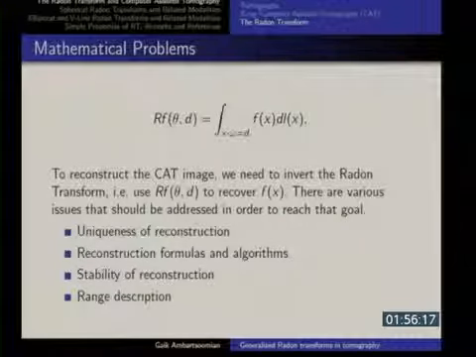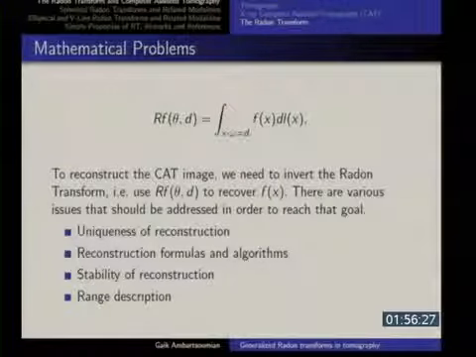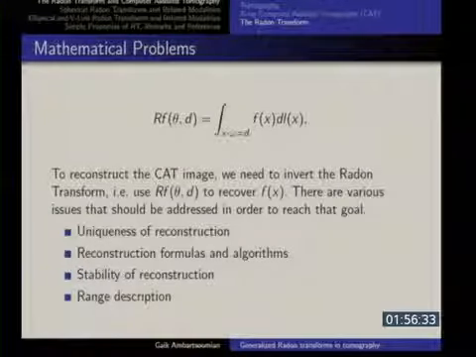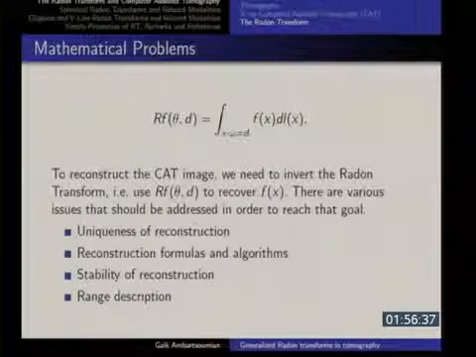Stability of reconstruction. Again, you heard this yesterday, that you may have a formula, but if it's unstable, then it's useless because you always have errors in the measurements. If a small error in the measurement is going to ruin your inversion process, then your formula is not very useful. And the range description, again, something that was talked about yesterday, that your inversion works on the range.